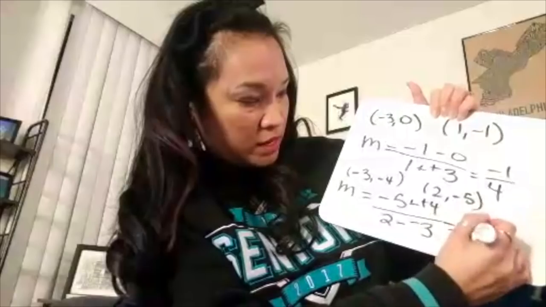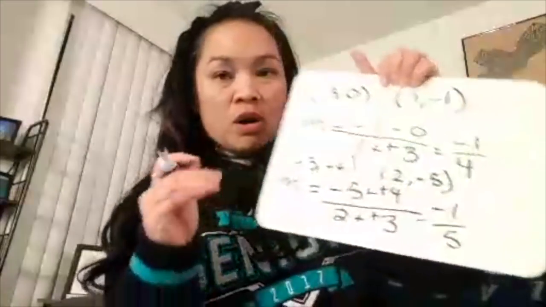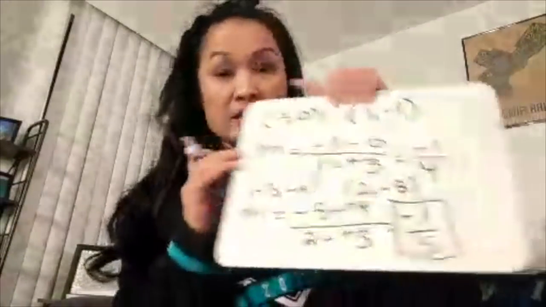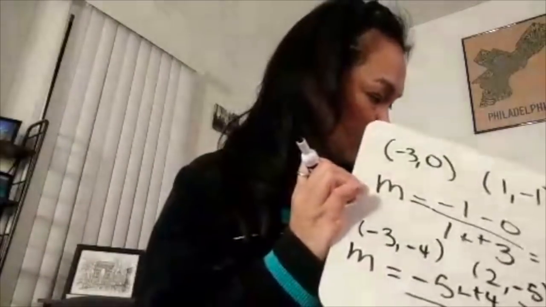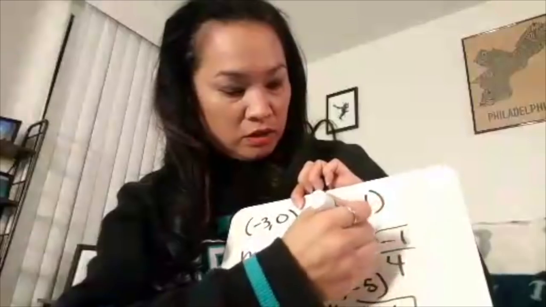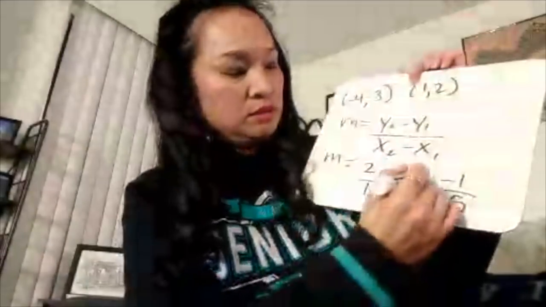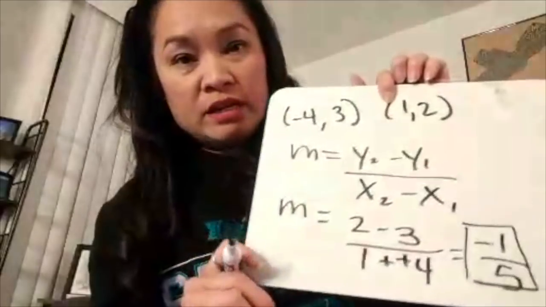That is going to equal -1 over 5. Which equation had the same slope as -1 over 5? Was it the red one? No, it was not. Was it the blue one? Yes, it was. That means that the blue line and the green line are parallel.